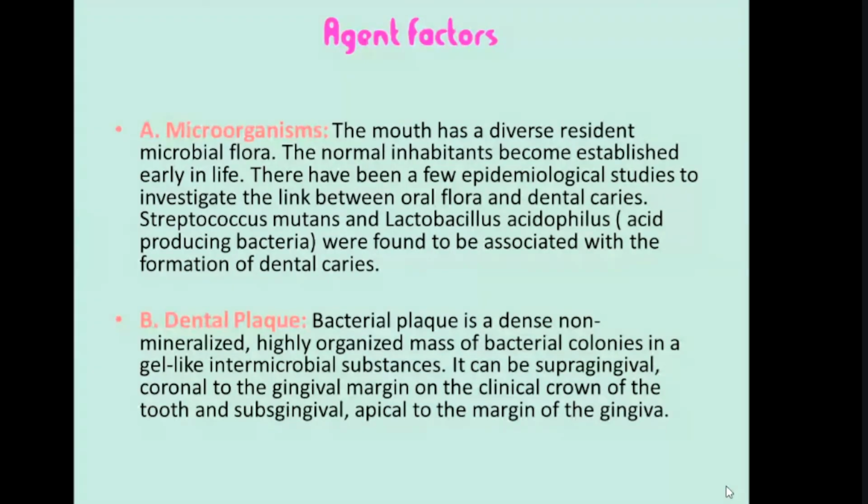Subgingival يعني جوا اللثة، supragingival يعني فوق اللثة، يعني على التو سيرفيس مو داخل الجنجفة. اللي هي coronal to the gingival margin on the clinical crown of the tooth. And subgingival كاتبت لكم إياها هنا هي apical to the margin of the gingiva يعني inside the sulcus جوا اللثة.